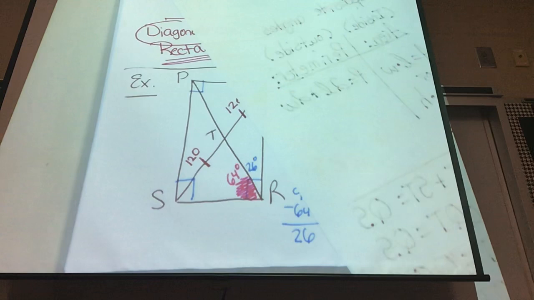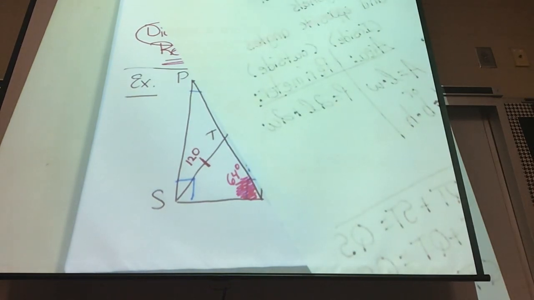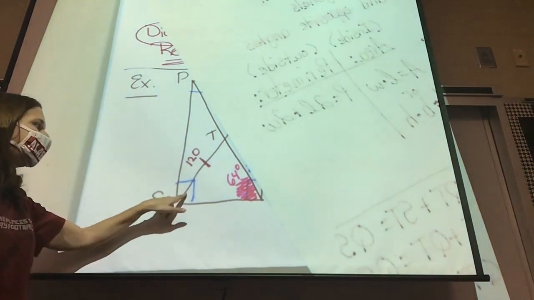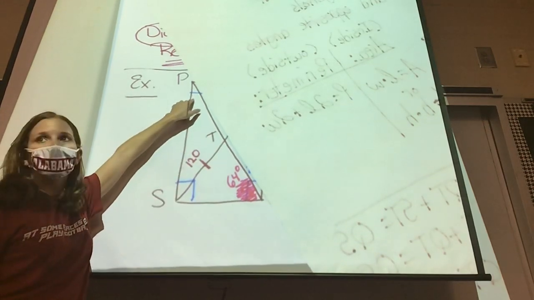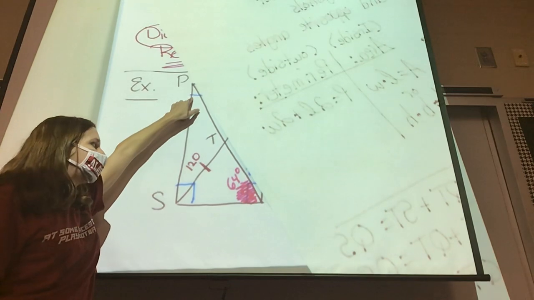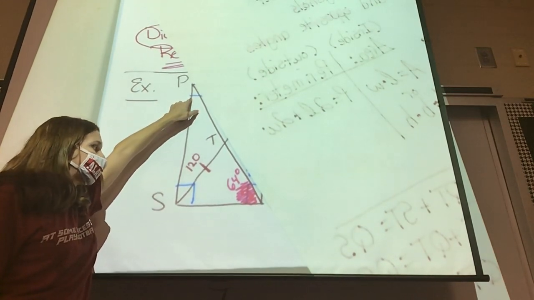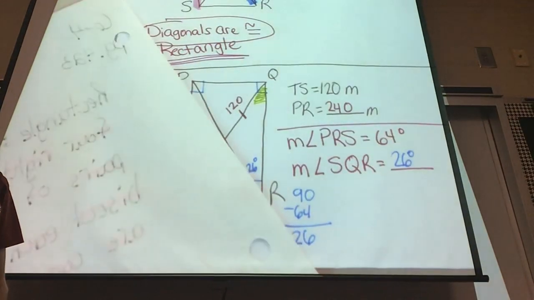So, look at what you got. If I've got this angle, I know that this one is 90, this one is 64, so I should be able to find that one, right? So that one would have to be what? 26. Okay. So now, do the same thing over here.